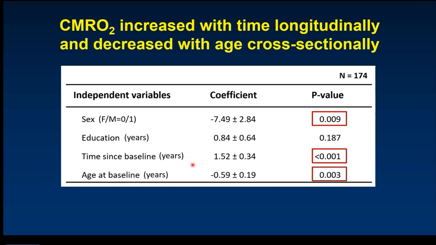We think these two results are not contradictory to each other because they actually evaluate the CMRO2 change at different time spans. For the longitudinal time, it's 2 to 6 years, but for the baseline age, it's 50 to 90 years old.